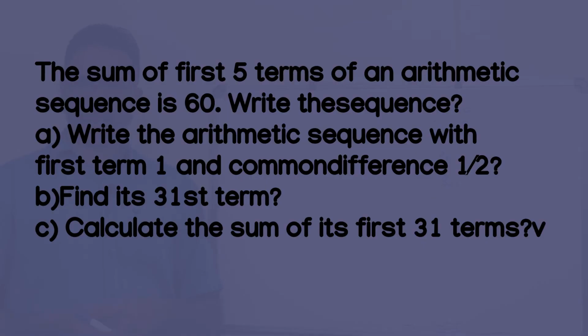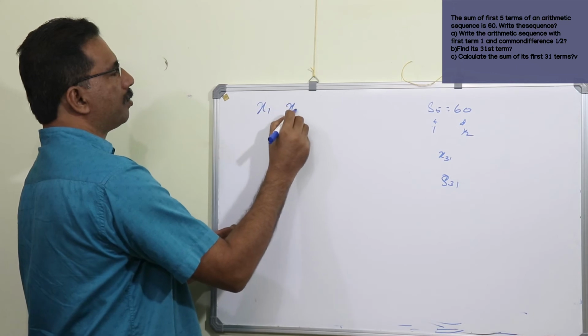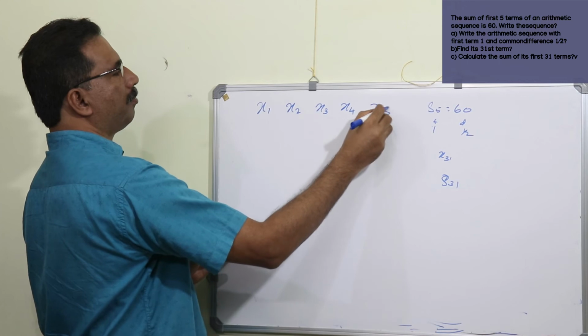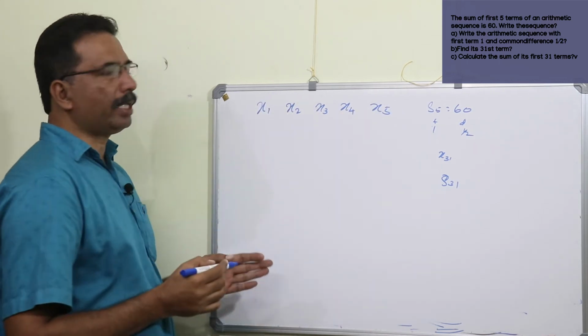Next question. It is given that the sum of the first 5 terms of an arithmetic sequence is 60. Write the sequence. We can say x1, x2, x3, x4, x5. The sum of these first 5 terms is 60. Then what is the middle term?